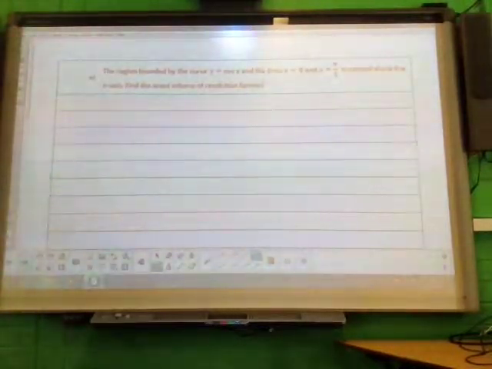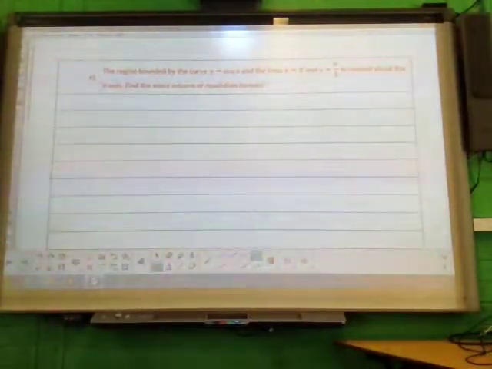Right, so the region bounded by the curve y equals cos x, and the line x equals 0 and x is pi on 2 is rotated about the x-axis. We need to find the exact volume formed.